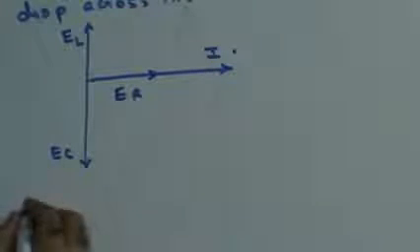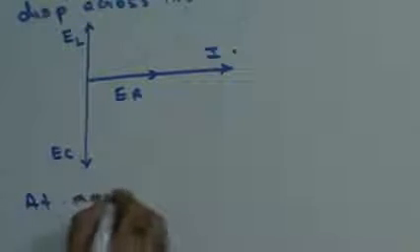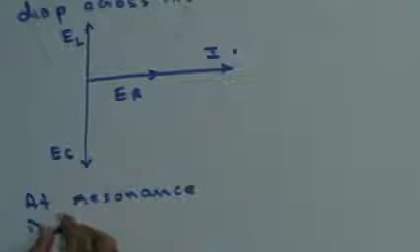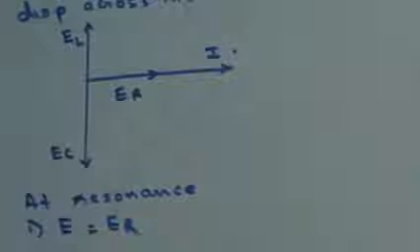So at resonance, first, E will be equal to ER, right? The phase difference between E and I will be equal to 0.